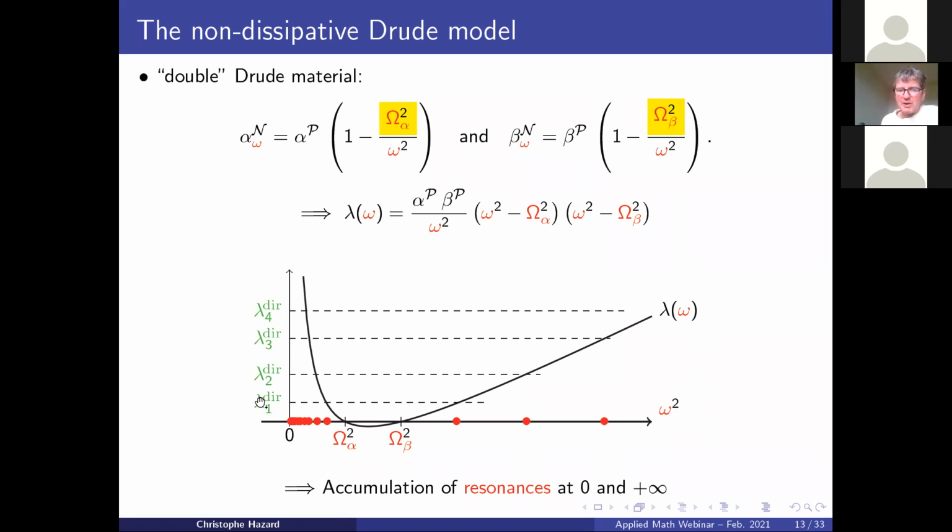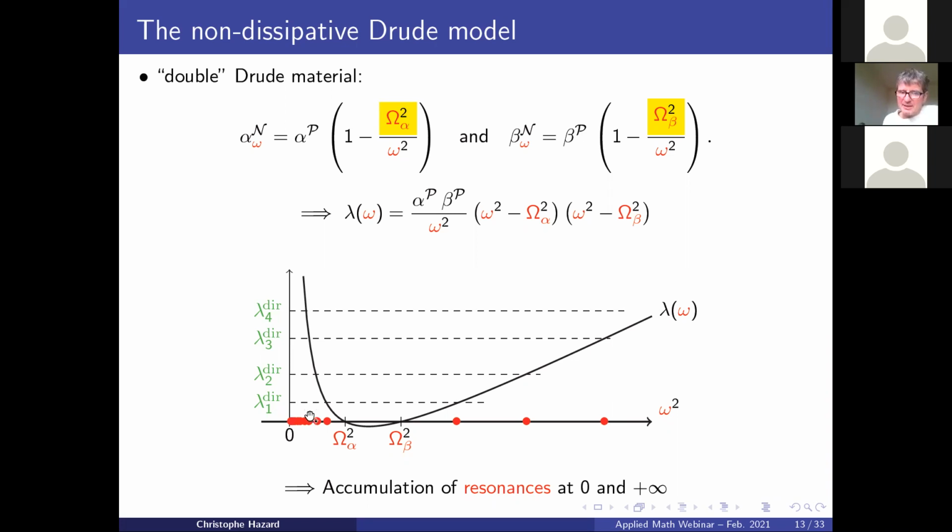And if I want the inverse image of the spectrum of the Dirichlet Laplacian, I put my eigenvalues here, and you see that for each eigenvalue, I will obtain two values of omega squared, one value near 0 and one value which will tend to infinity, where the eigenvalue lambda here will tend to infinity, whereas the eigenvalue here close to 0 will tend to 0.